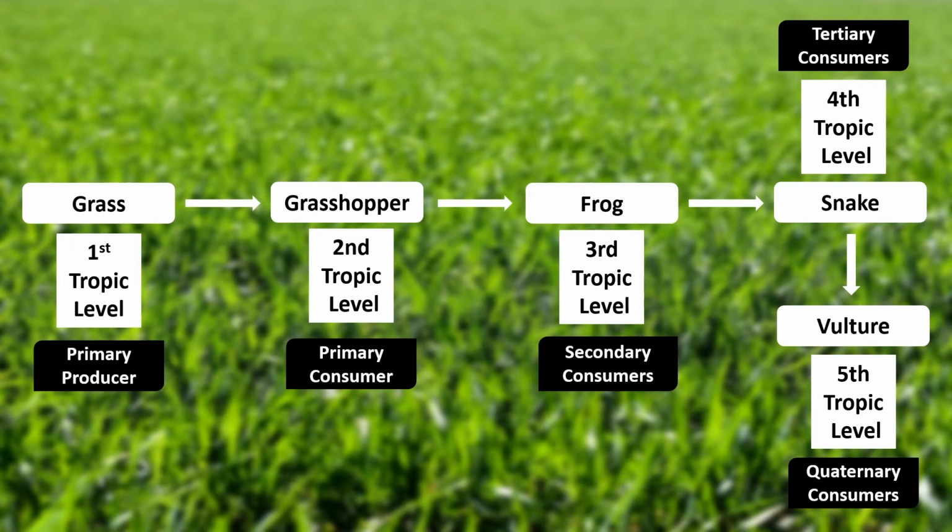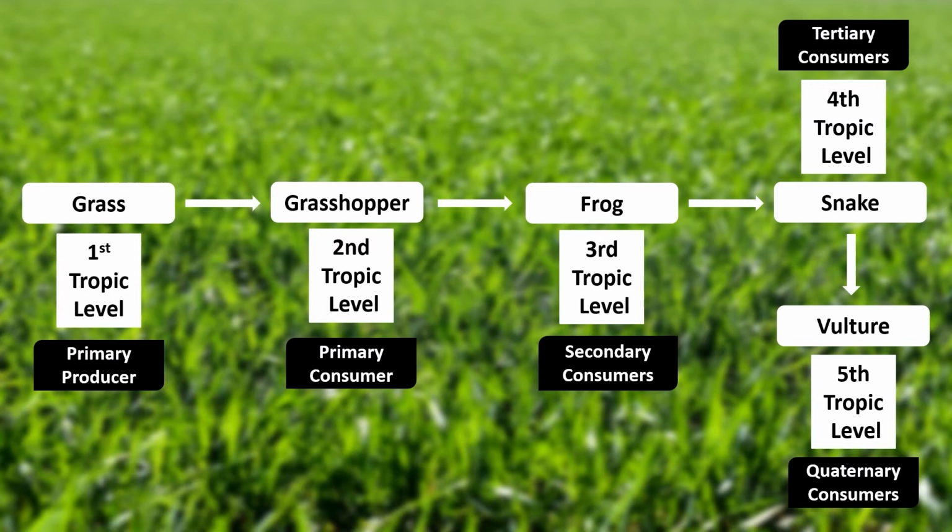Then you have the grasshoppers. They are at the second trophic level, and they are considered as the primary consumers because they are consuming the grasses. The grasses are the producers because they can manufacture their own food from the sunlight; they are able to photosynthesize.